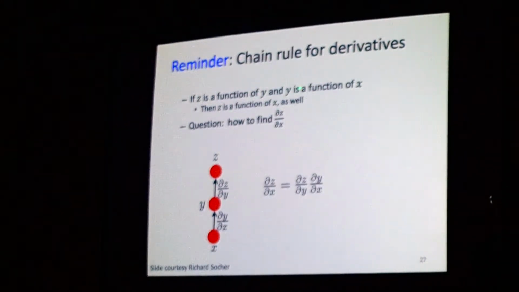And we know y is a function of x, so we draw a link between x and y. From the graph structure, we can infer the dependency between z and x, because from x to z there is a path, which shows the functional dependency.